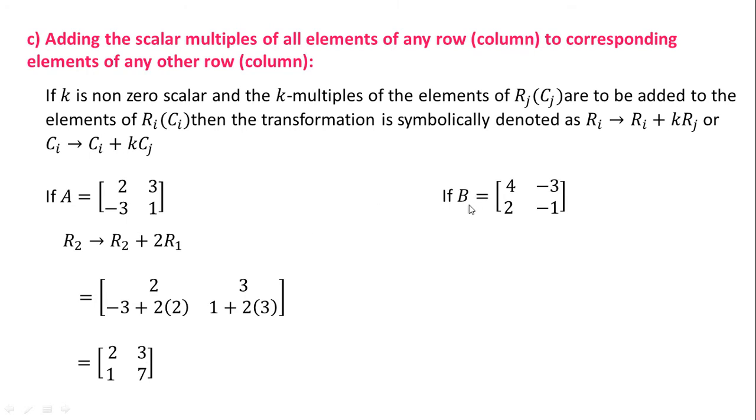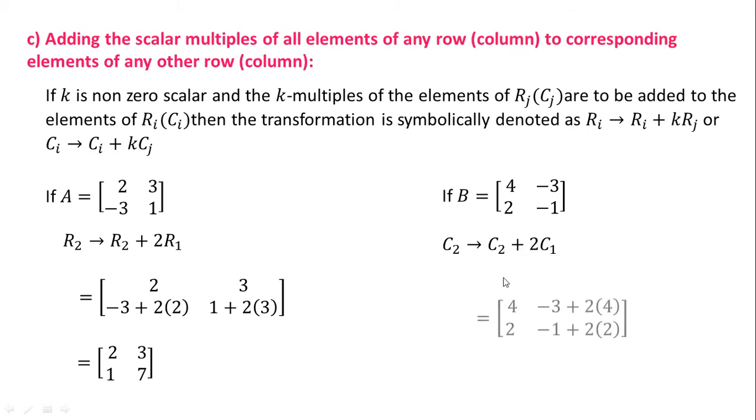Now see another example. Suppose B is the matrix given here like this. And if you want to perform a column transformation, or if you want to change column number 2 here, C2 changes to, so I want to change column number 2 as C2 plus 2 times C1.